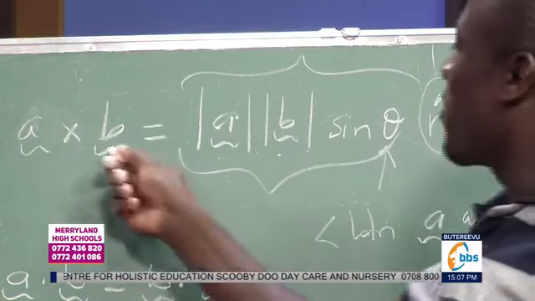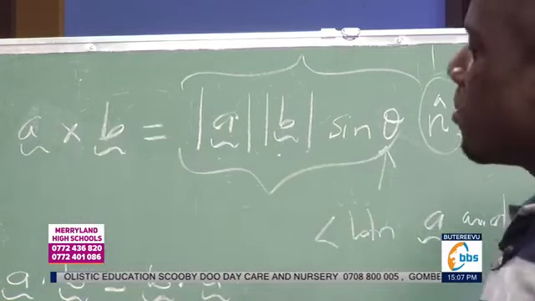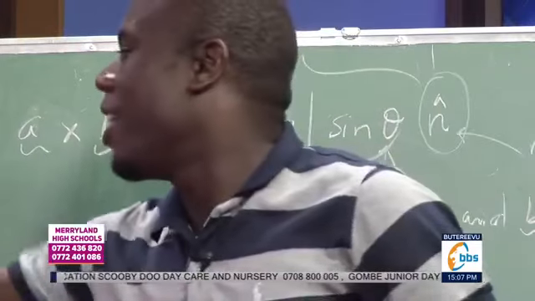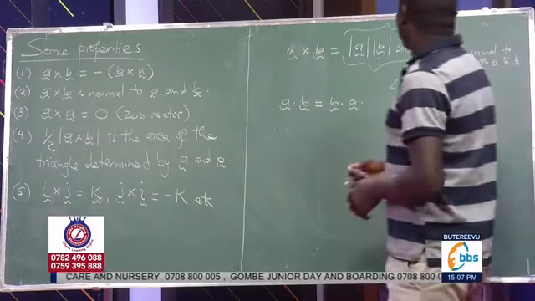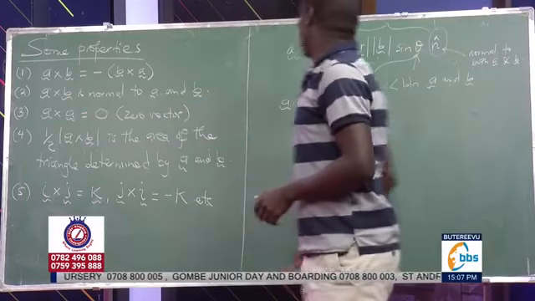The same thing with B, B dot n cap is 0, and so A cross B is normal to both A and B.